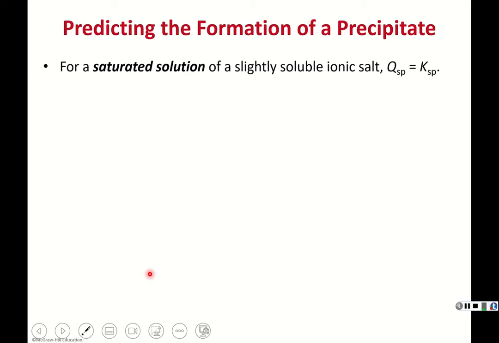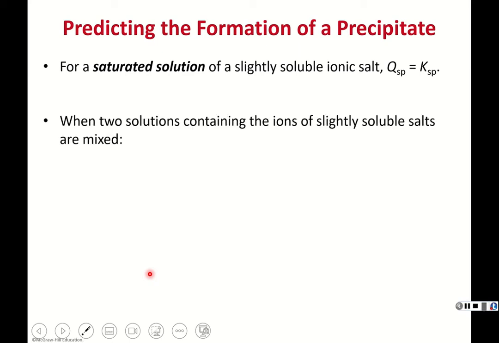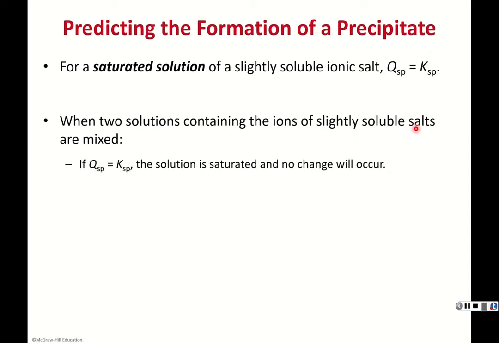It's definitely going to show up on an exam. For a saturated solution of a slightly soluble compound, Qsp equals Ksp. When two solutions containing ions of slightly soluble salts are mixed, if Qsp equals Ksp, the solution is saturated and no change occurs.